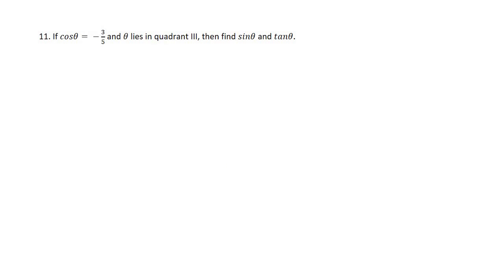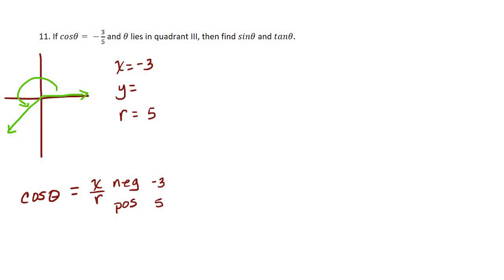Problem 11: if cosine theta equals negative 3/5 and theta lies in quadrant 3, then find sine theta and tan theta. Pause the video and try this one on your own and then come back and check your answer. Filling in what we know, x is going to be negative 3, r is going to be positive 5, and we're going to use this equation to determine y.